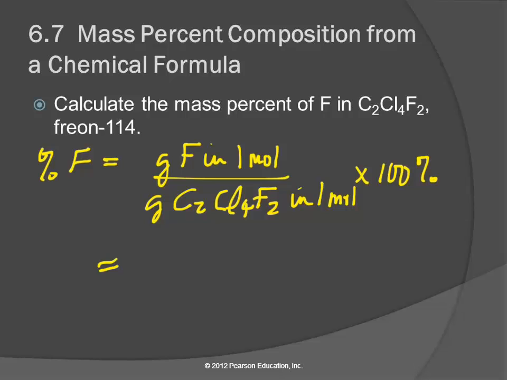So in that formula, how many moles of fluorine are there in 1 mole of that compound? 2, because it's F2. So every molecule has 2 fluorine atoms. Every mole of molecules has 2 moles of fluorine atoms. So then in the numerator we have 2 times the mass of fluorine, 19.00.